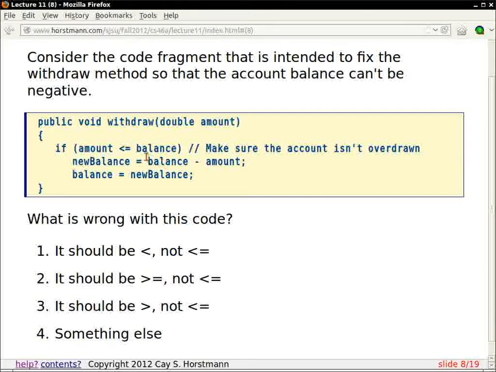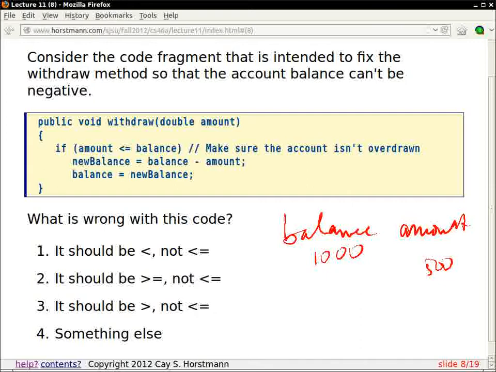Then 500 is less equal to 1,000, and I should be able to get into the loop. All right, so let me just write this down. So balance is 1,000, amount was 500. So then I compute the statement, the body of the loop.